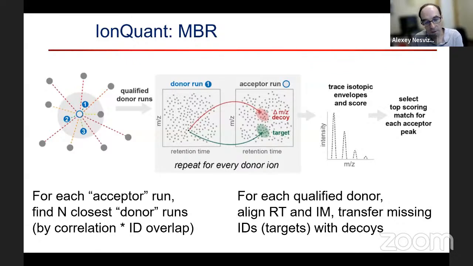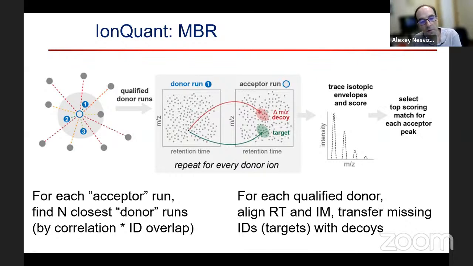All of these are highly customizable settings in FragPipe. By default, we transfer from all runs, but on very large data sets, you can restrict that to maybe the top 10 runs or even fewer. This is very well established. The advantage of our algorithms for match between runs is that we have a very fast and highly efficient alignment between different runs.